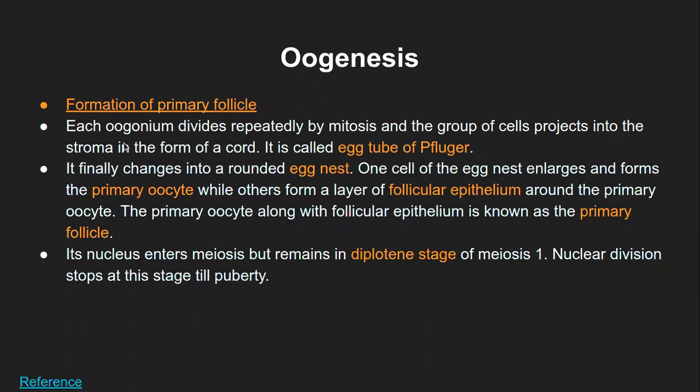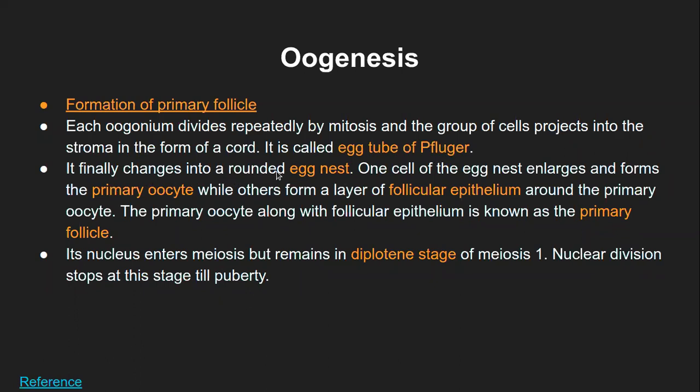The ovary has an inner portion, the stroma, and that tube structure developed within the ovarian structure is called the egg tube of Pflüger. Again, this is the name of the person, so that is the egg tube in short.